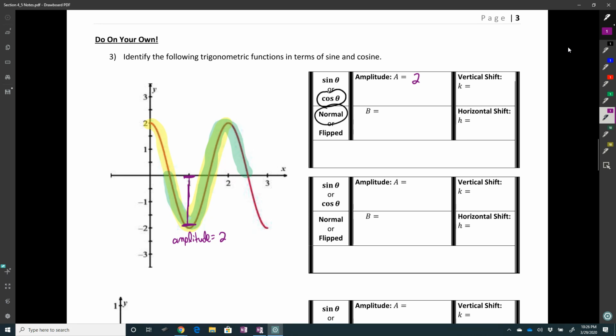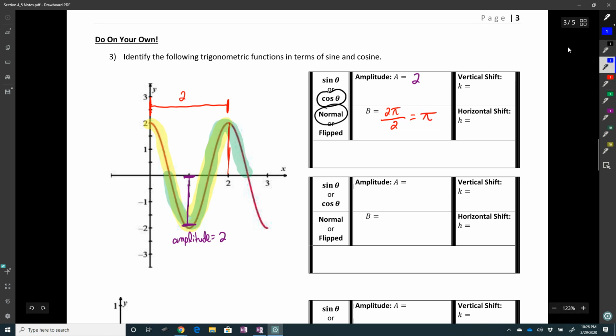We can clearly see that the period is 2. So from here all the way to here, you can see that that is 2. So the b is going to be 2 pi over the period, which means that that is just pi.